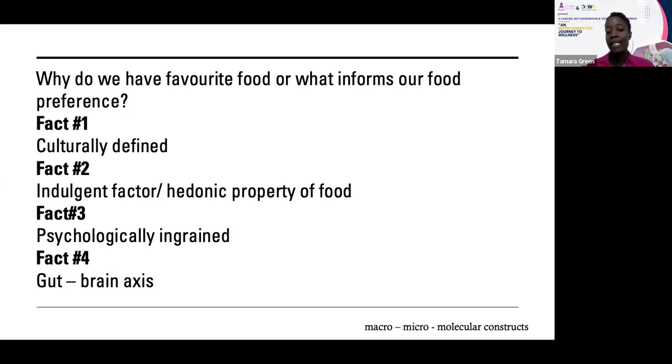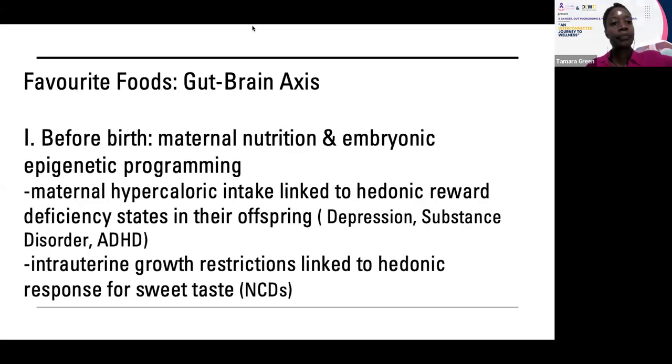Now, I'm going to spend a little longer on this last fact, which is our gut-brain axis, in the next 2 to 3 slides. Now, before we were born, that phase of life is called the origin of health and disease.